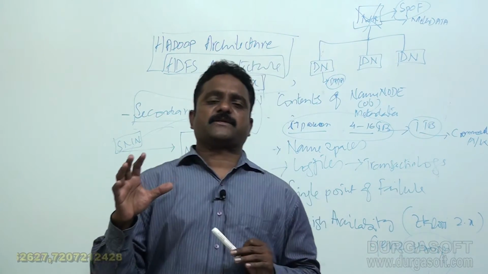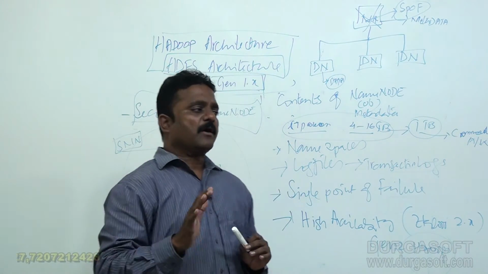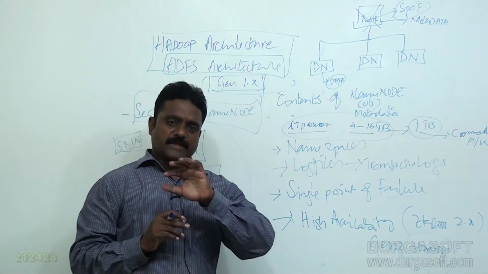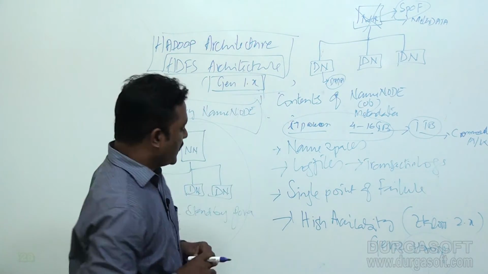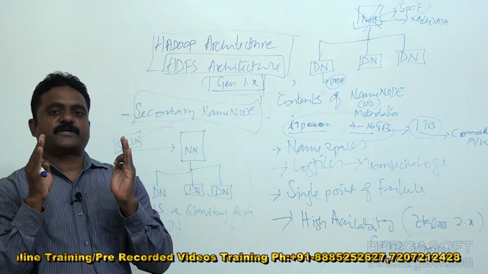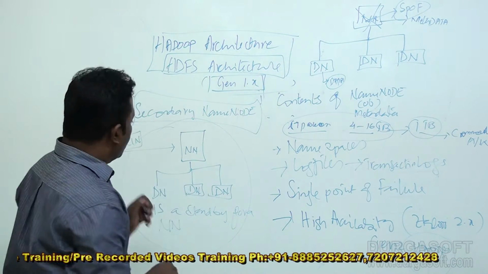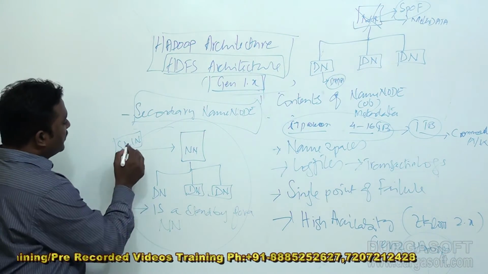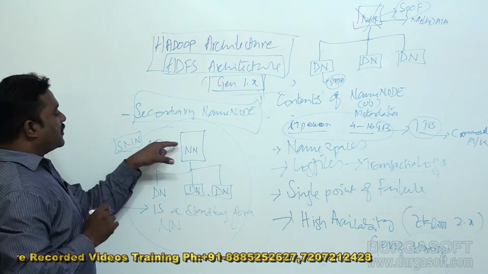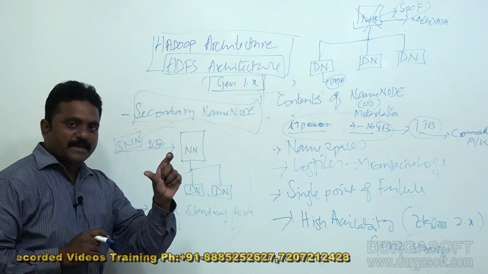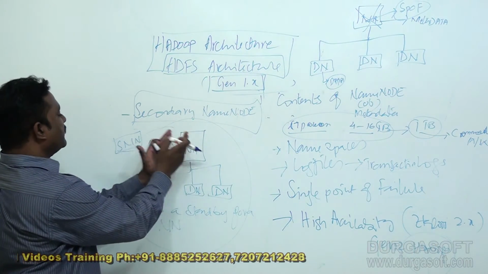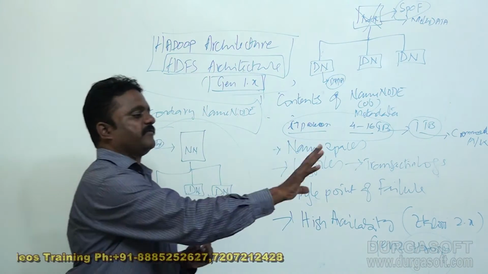Whatever information you have in the main memory of the name node, the secondary name node will take a snapshot of it every 1 hour. It would take a snapshot of the contents of the name node's main memory every 1 hour and keep it to itself.